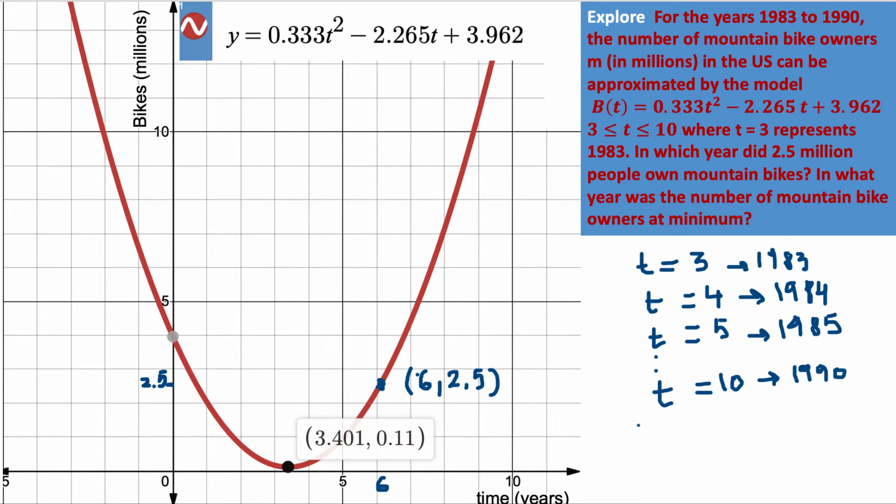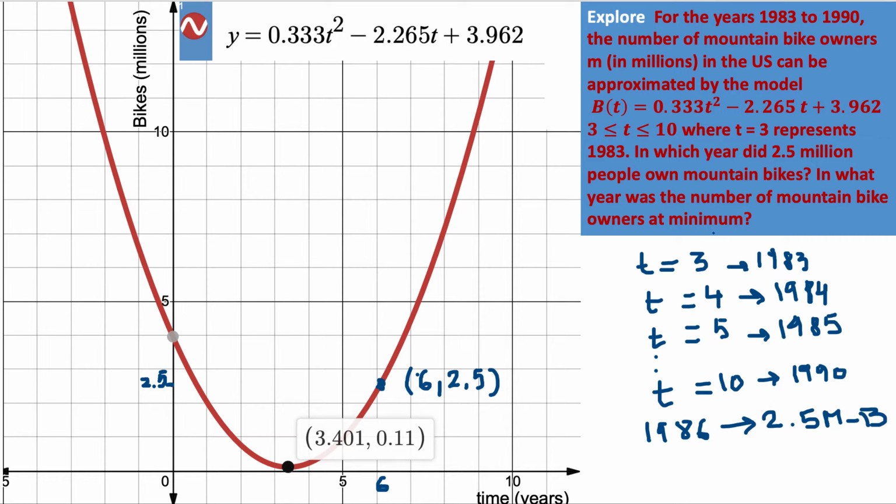So in the first question, in 1986 there are 2.5 million bikes. I will write it with abbreviation, 2.5 million, and let's write here a bike. Those represent mountain bike owners.